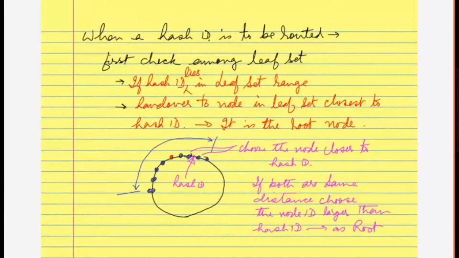Now, when a hash ID is to be routed, how does routing have to be done? Routing here is slightly tricky. You are always going to first use the routing table. And once you reach a point where you find you are the closest node, you will start using your leaf set for doing the routing.